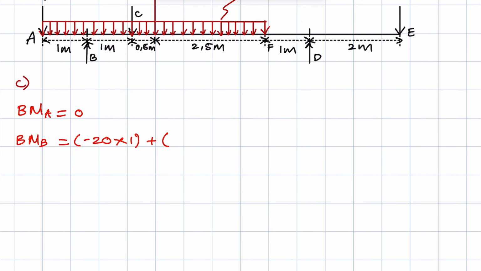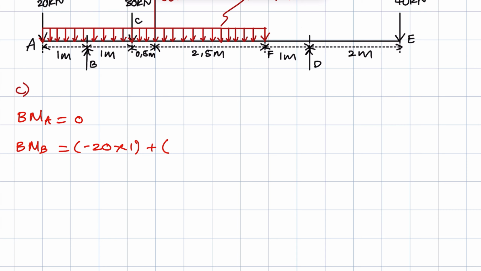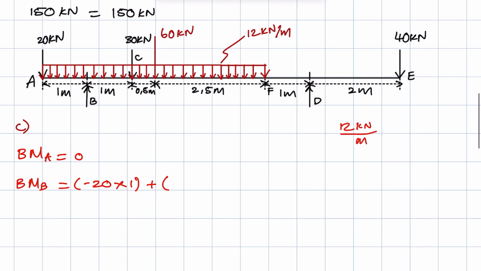So we take the 12 kilonewton per meter, which is the UDL, and you multiply it by the span of the UDL between A and B, which is 1 meter. So that and that cancels, and you get 12 kilonewtons, right? Now the 12 kilonewtons is heading downwards. It's a weight, right? So it means it is negative, so you're gonna have negative 12.